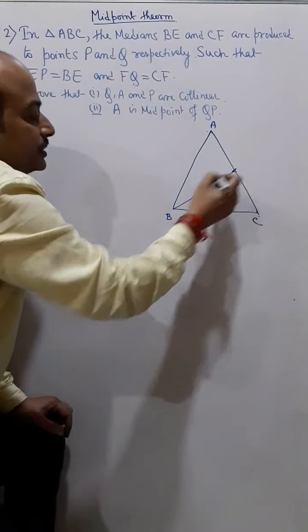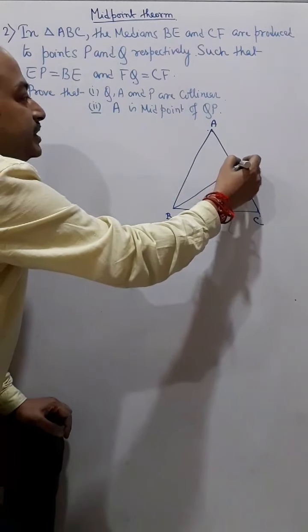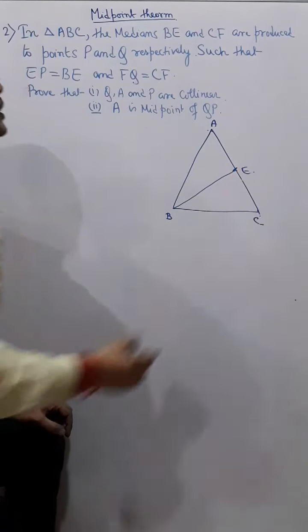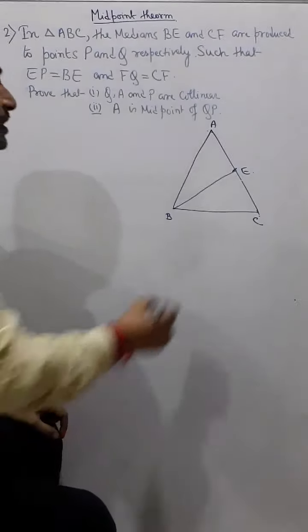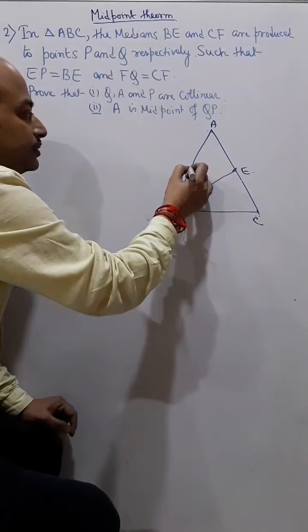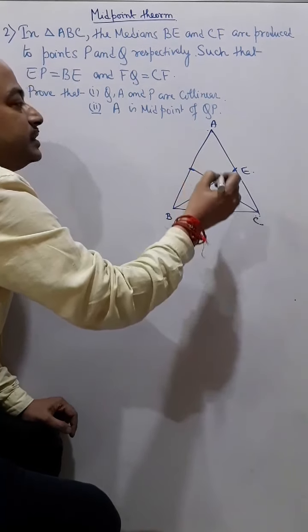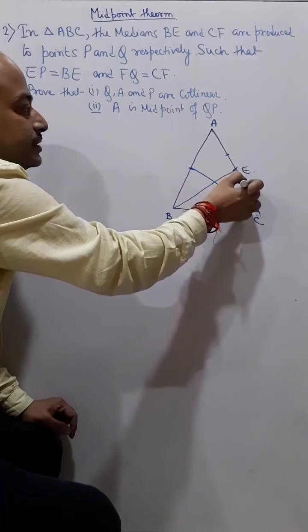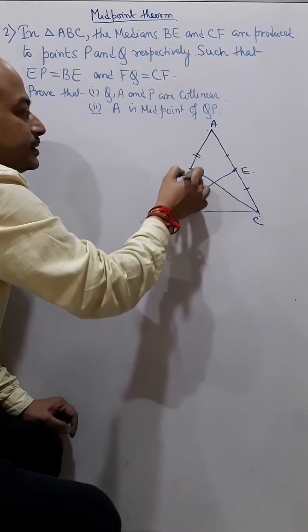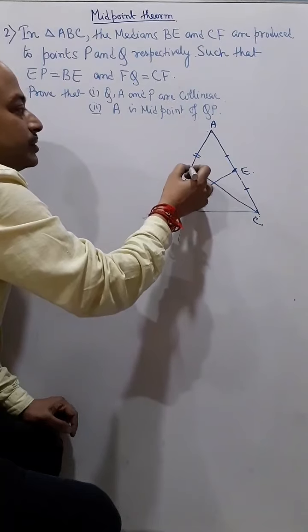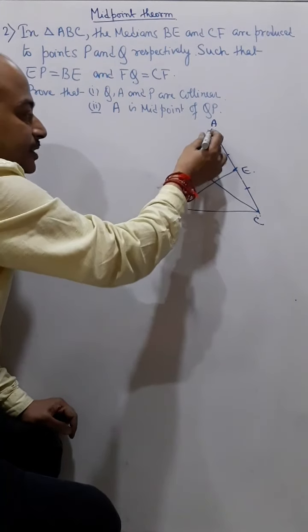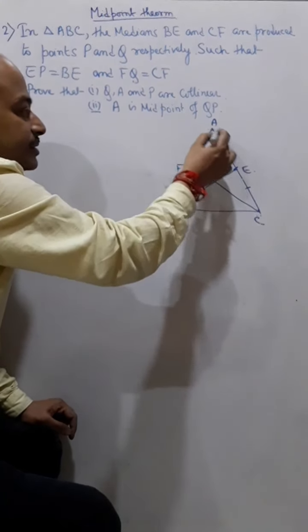So this is one median, that is BE, and another median is CF. So you can understand this is equal to this, and here this is equal to this. So F becomes the midpoint of AB and E becomes the midpoint of AC.